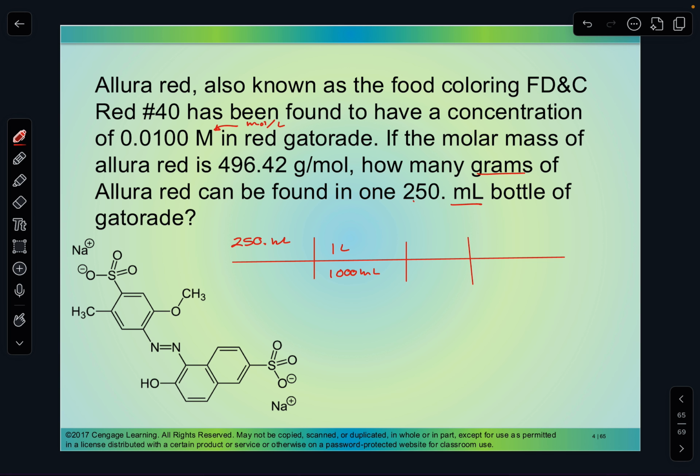So the molarity is going to be 1 liter, and on top we will have the number of moles, which is given right here, 0.01 moles, with some sig figs there, I just didn't include them for space. We can then use the molar mass. For every 1 mole of Allura Red, we have 496.42 grams. And that should give us our answer right there. So go ahead and give that a shot on your own. I'm going to continue.